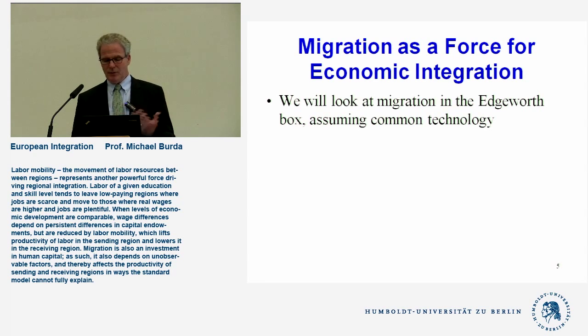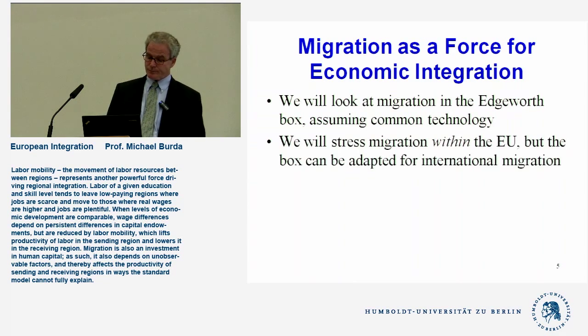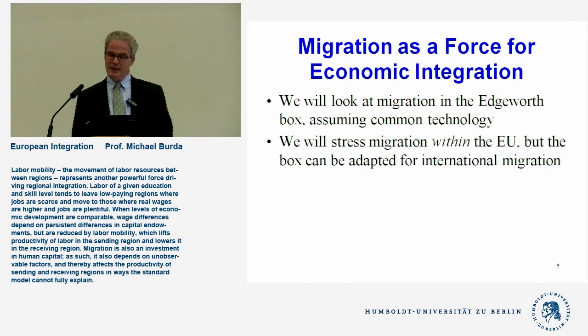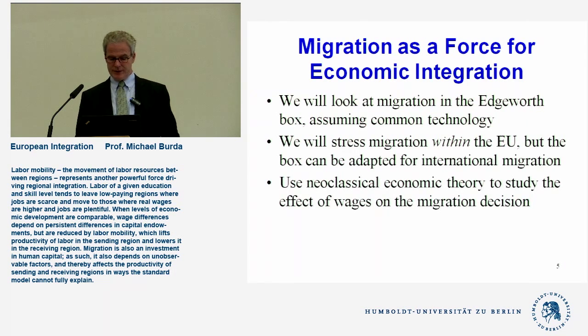A good way of thinking about this would be comparing, say, Poland and Finland, as we did before, or Germany and France. So we'll be looking really within EU migration, but everything we talk about can be adapted to an international context. We can talk about international migration with the same types of theoretical constructs.